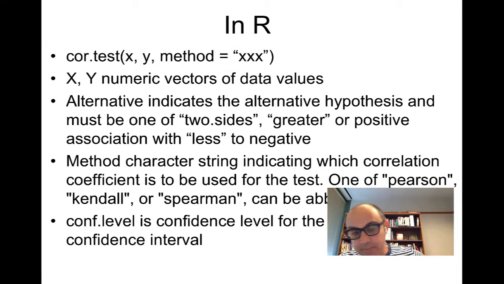Okay, in R, and this is where life begins to become very clear. The correlation test is cor.test, and you are able to define the x and y and the method; you can have the three methods that I discussed previously.